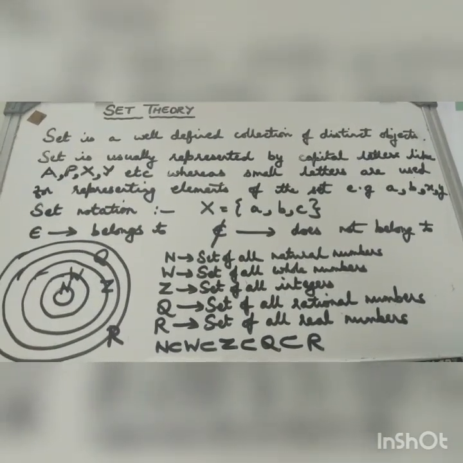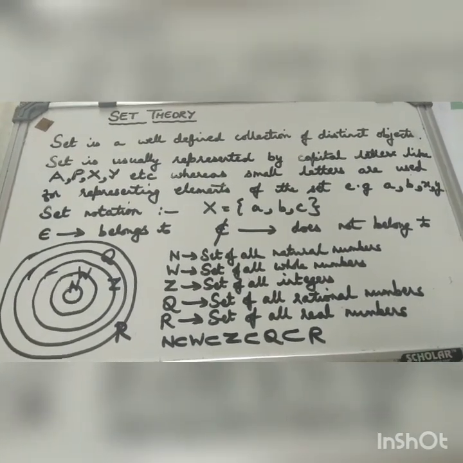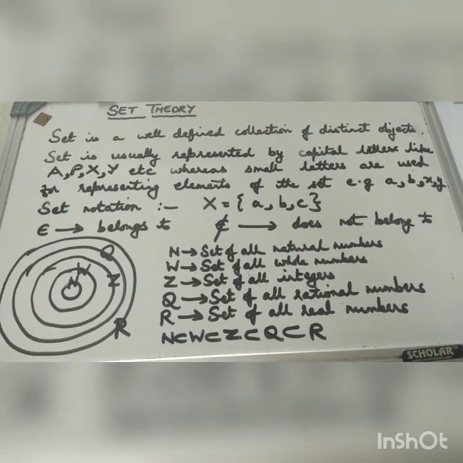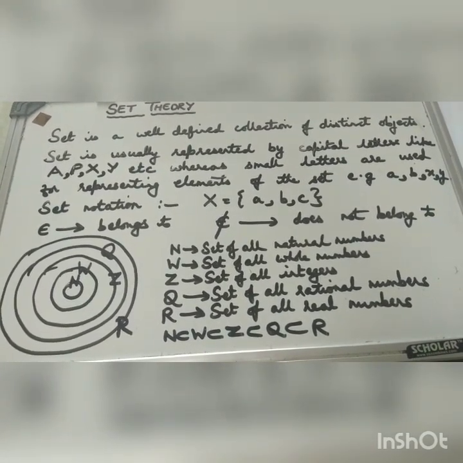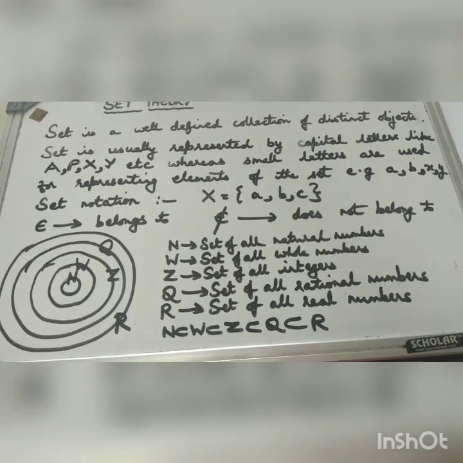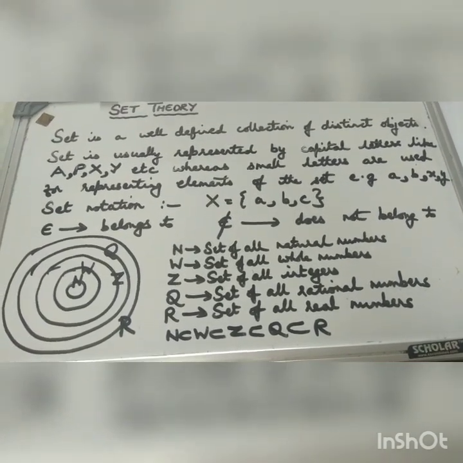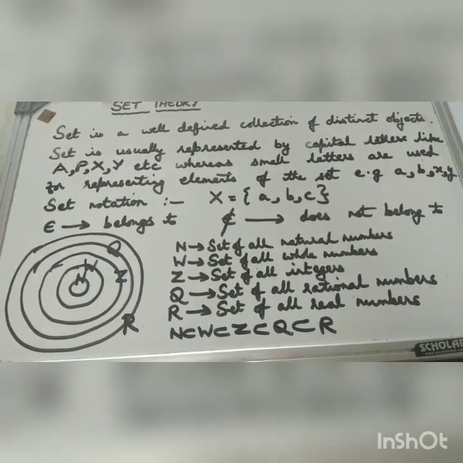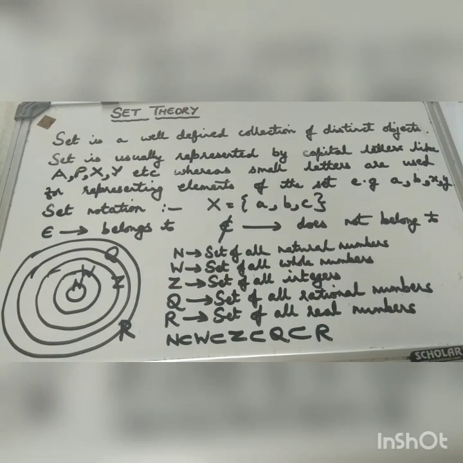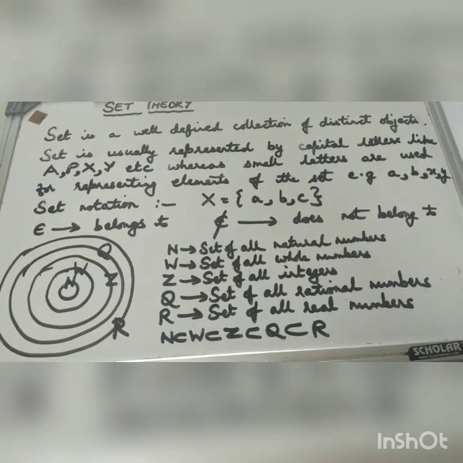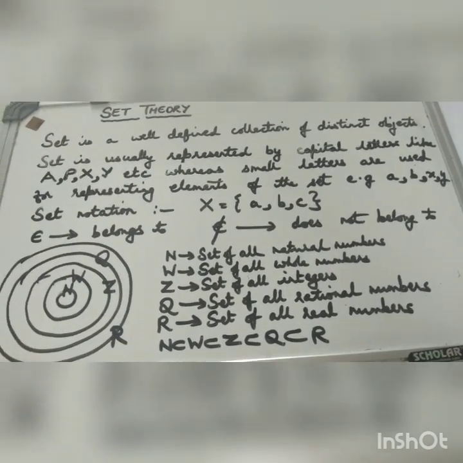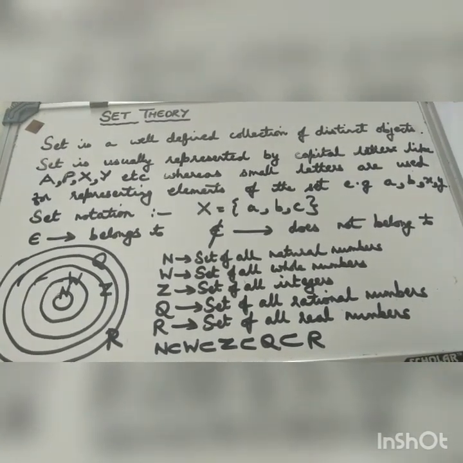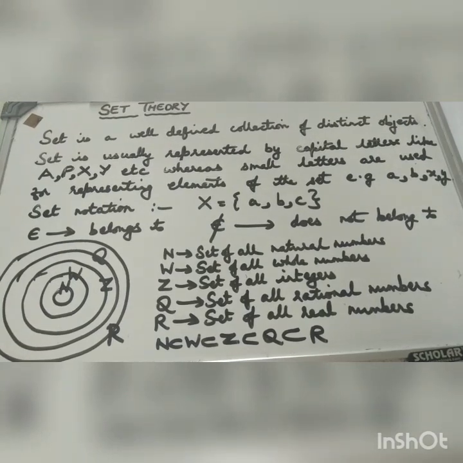That means any set is represented in curly brackets where elements of the set are represented by small letters or any other distinct objects, with commas in between. Secondly, no element is repeated in a set. We don't write the same element 2 times or 3 times. So, distinct objects means elements are always different from each other.